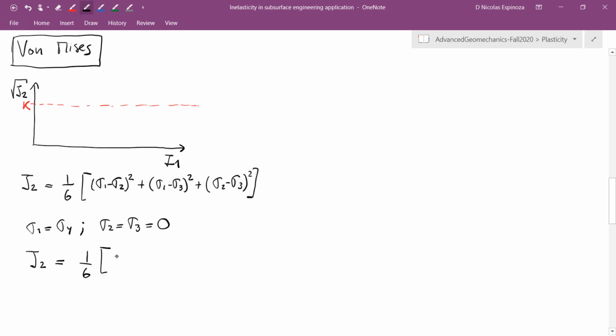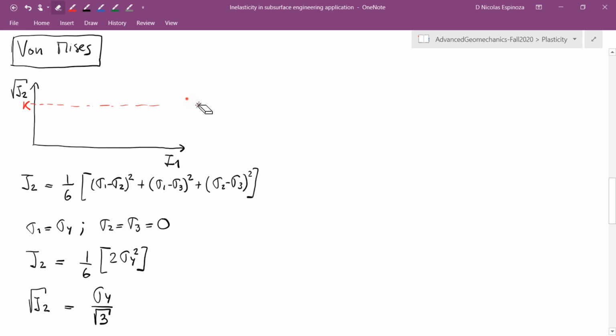It's actually 2 sigma y squared, and that's going to be, and let me now convert this to square root. The square root of J2 is going to be the square root of sigma y squared divided by 3, or in other terms, sigma y divided by the square root of 3. And this is actually our value k that we see over here.